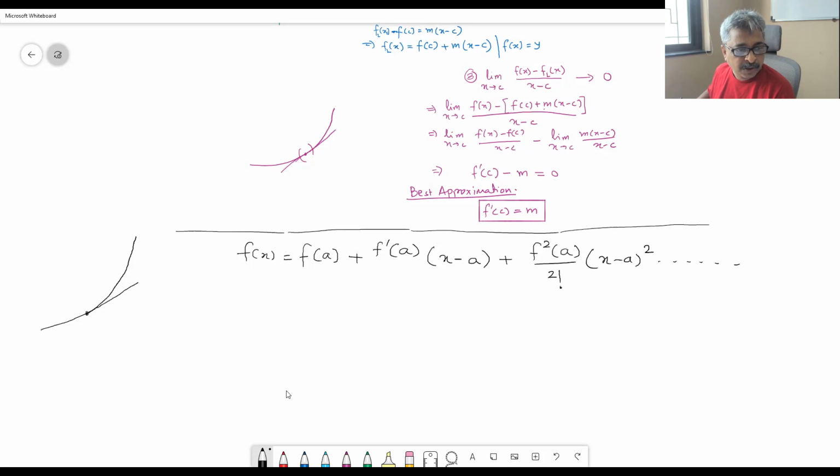This is your tangent. This is x. This is x plus delta x, right?